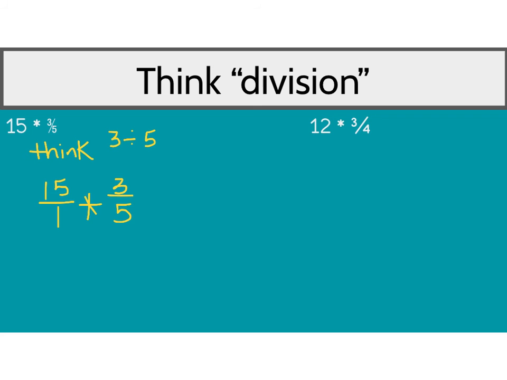And what you're going to do is first multiply the 15 times the 3, which is what you have as far as numerators go. So 15 times 3 would be what? Okay, you can see that I worked that out off to the side just to double check myself. So 15 times 3 equals 45, and then the 1 times 5 on the bottom.